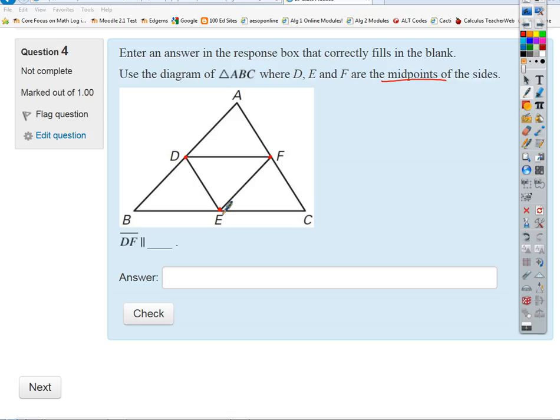If this stuff isn't just jumping out at you, you definitely want to take a look back, maybe just look at the textbook. You have to read the whole thing, but look through the boxes, look at the definitions. It's called a mid-segment, right? So DF, let's take this one for example. Segment DF is a mid-segment.